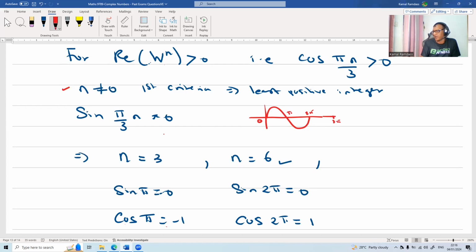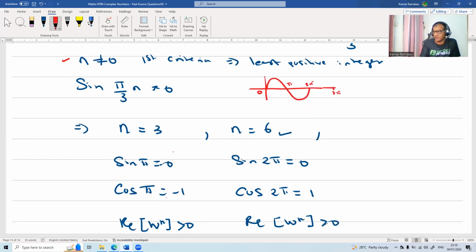OK? Quand n est égal à 1, 2, impossible, il ne vient pas. Quand n est égal à 3, oui, il vient. Quand n est égal à 6, il vient. Et quand n est égal à 9, comme ça. Quand n, a multiple of 3, il vient. OK? Et nous vérifions.